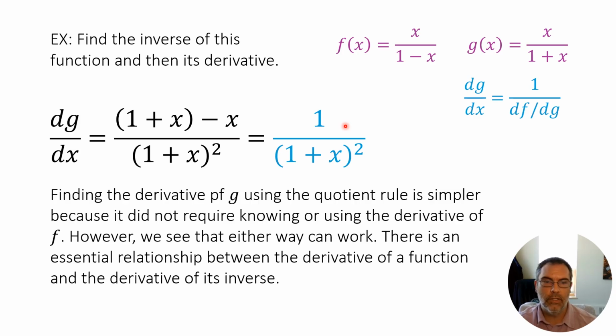Whether you use the inverse theorem or whether you calculate the derivative of the inverse should give you the same answer. It should work for any functions that have an inverse. Okay, so we will use this when we get to exponentials and logs. We'll take advantage of this inverse theorem to show you how you can find derivatives of the exponential and logarithms.